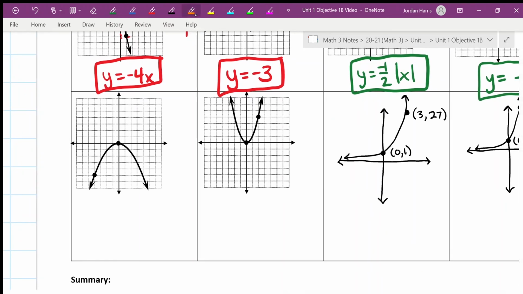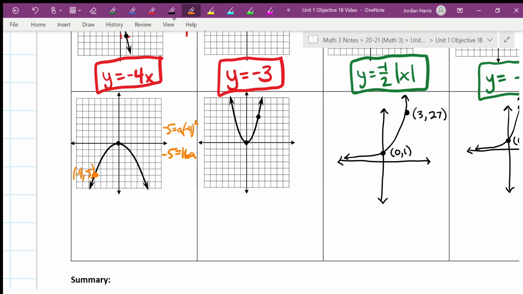Then we have the ones that take a little more work. So we have extra point. 1, 2, 3, 4, negative 4. 1, 2, 3, 4, negative 5. So I have negative 5 equals a times negative 4 squared. So negative 5 equals 16a.